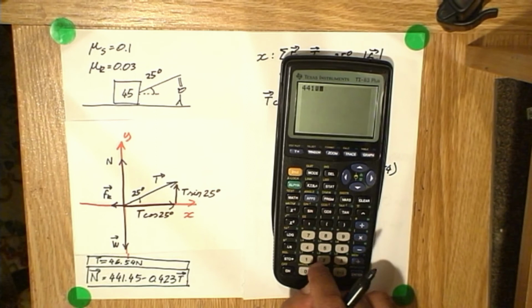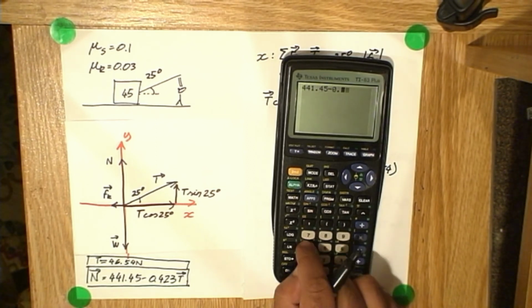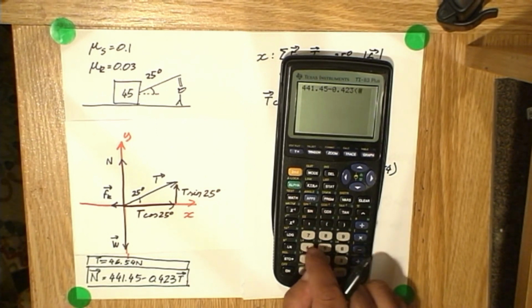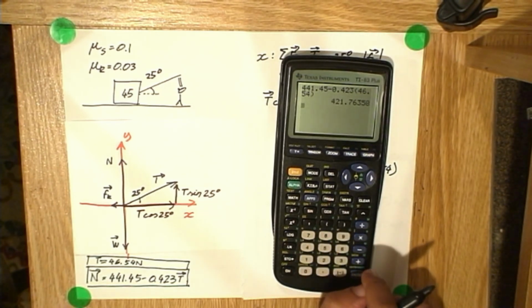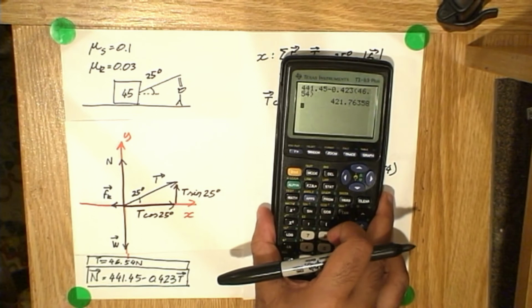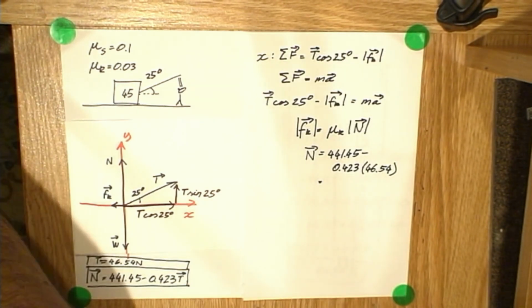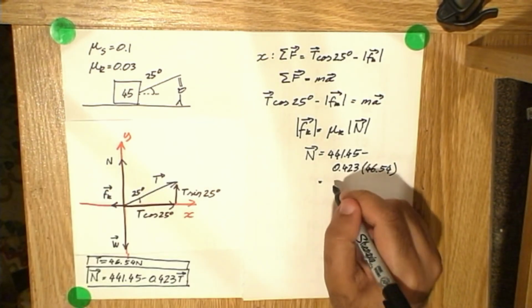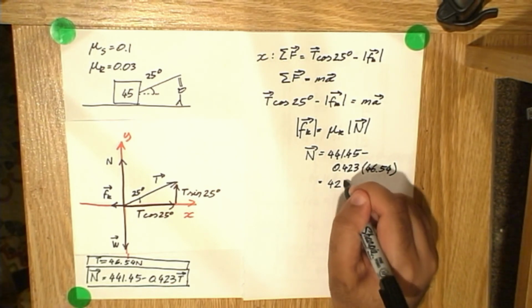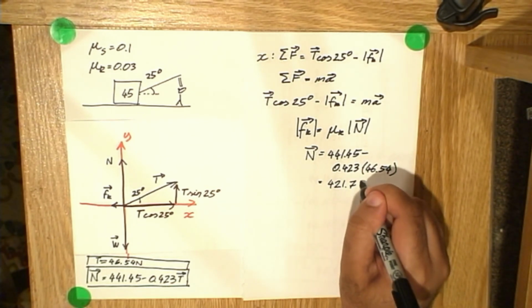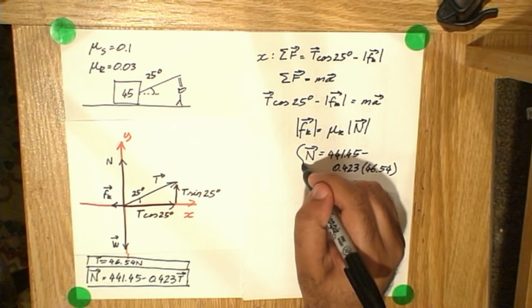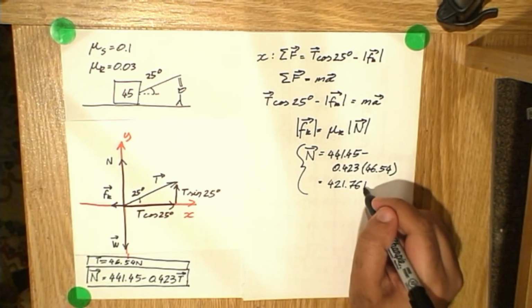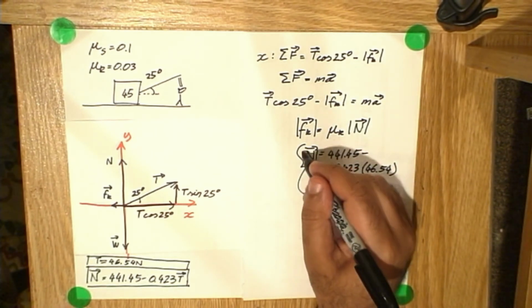So 441.45 minus 0.423 times 46.54 is 421.76. So this is the size of the normal force.